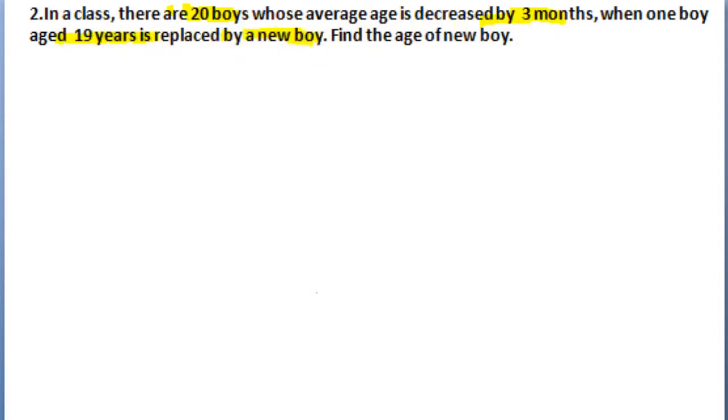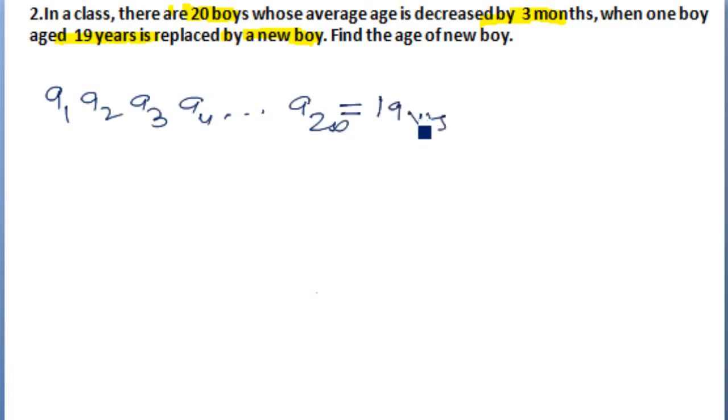This is again the same case. Here there are 20 boys like A1, A2, A3, A4, up to A20. Let's say this 20th boy is 19 years old.